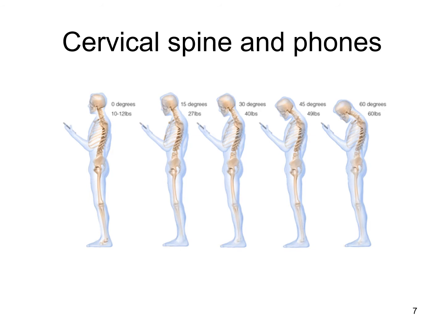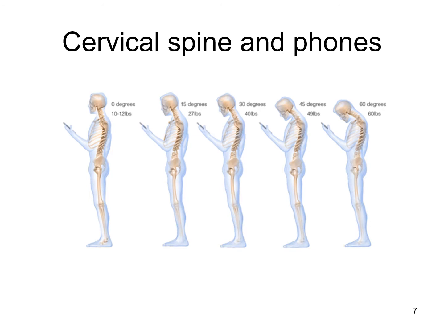All the way on the left, you can see that when the alignment is in a proper position, where we have that center of gravity located just anterior to the ear, right over top the shoulder, we're placing about 10 to 12 pounds, which is about the weight of the head normally, onto the axial skeleton.